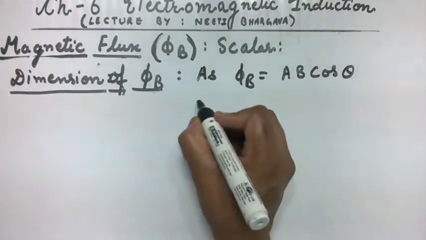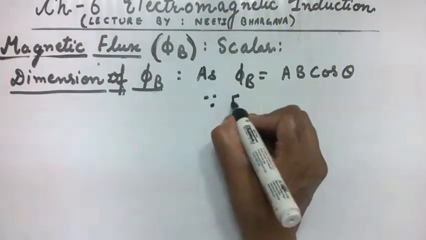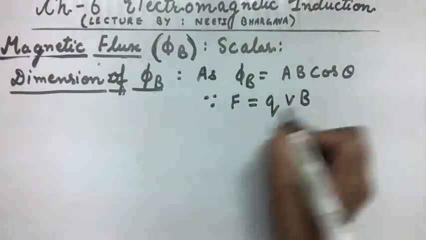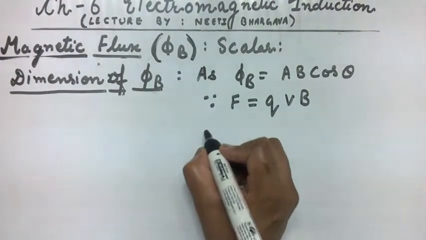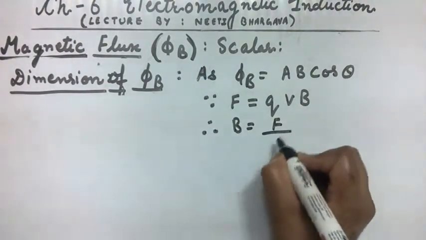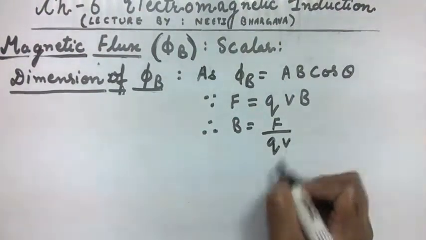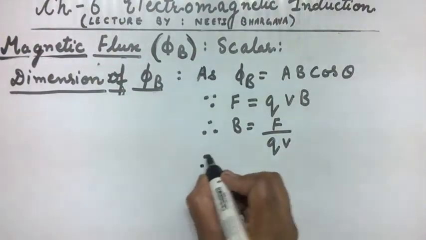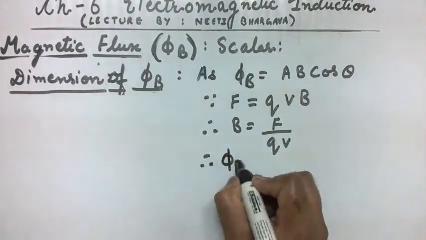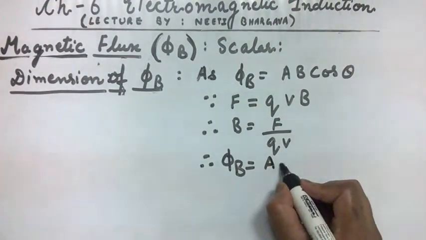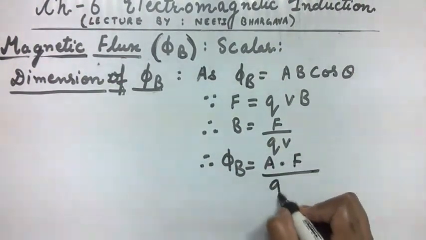or we have studied that force is equivalent to QVB. Therefore, B is equal to F by QV, charge into velocity, and therefore flux is equal to area into force by QV.